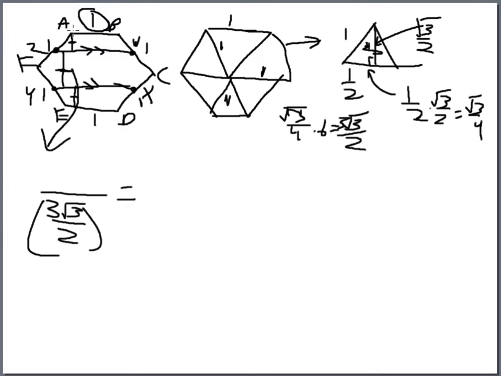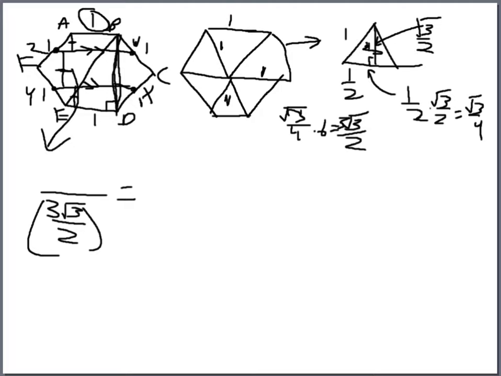In order to do this, we must find the height of the hexagon. So we can draw a height right over here. We know that this is perpendicular to the base, and we can draw a diagonal, and that's going to help us a lot. So let's clean this up, and I'm going to write down the area so I will not forget it.